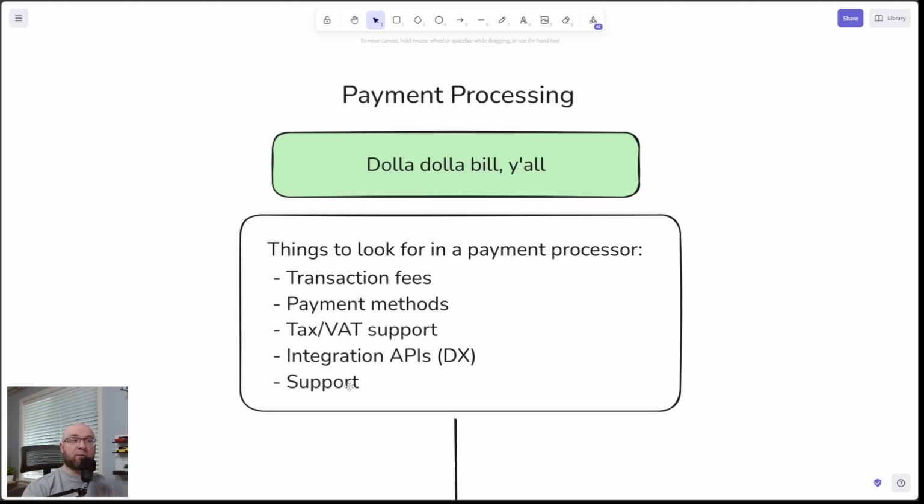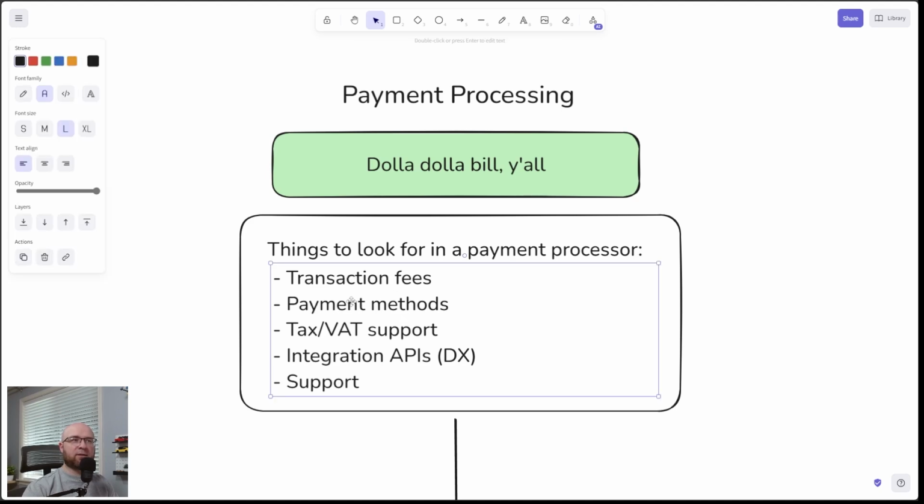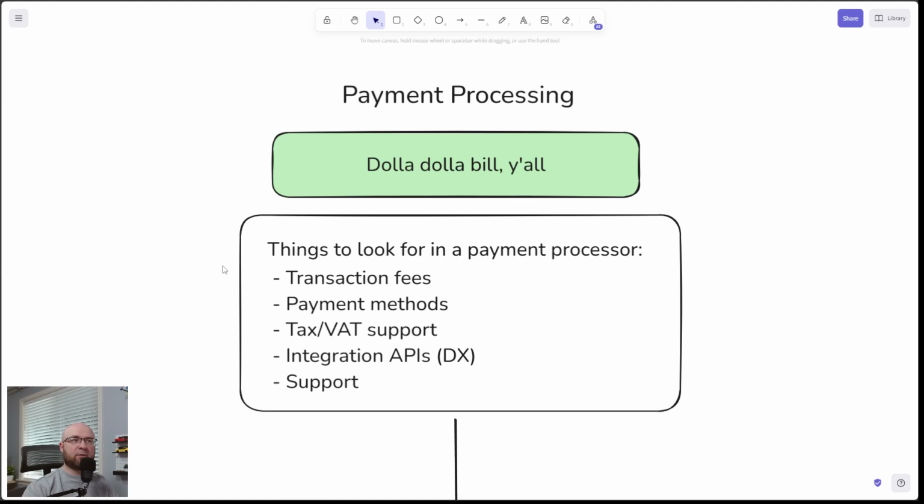But if you go with a larger payment provider, you're more likely to get better support because they can afford it. So also something to think about. But I would really stress transaction fees and payment methods as the two most important things you got to look for in a payment provider.